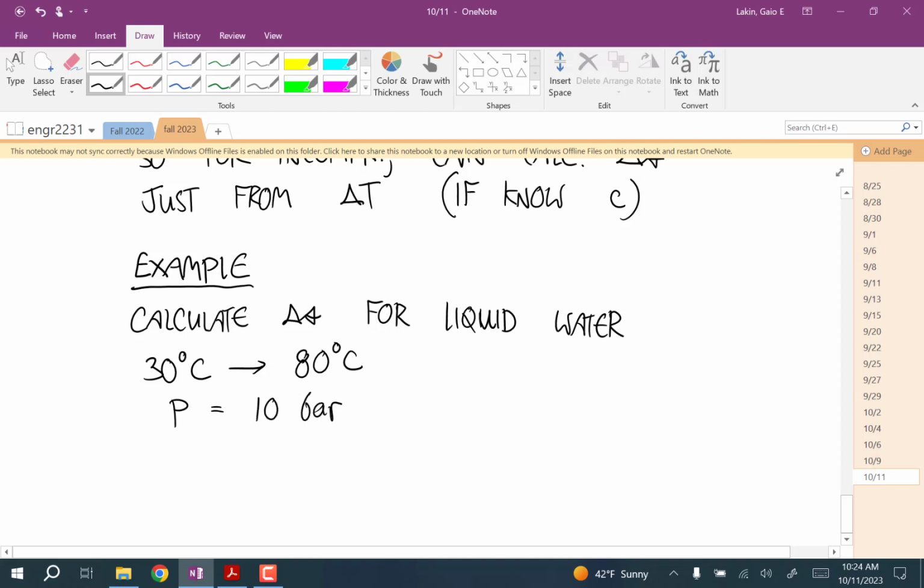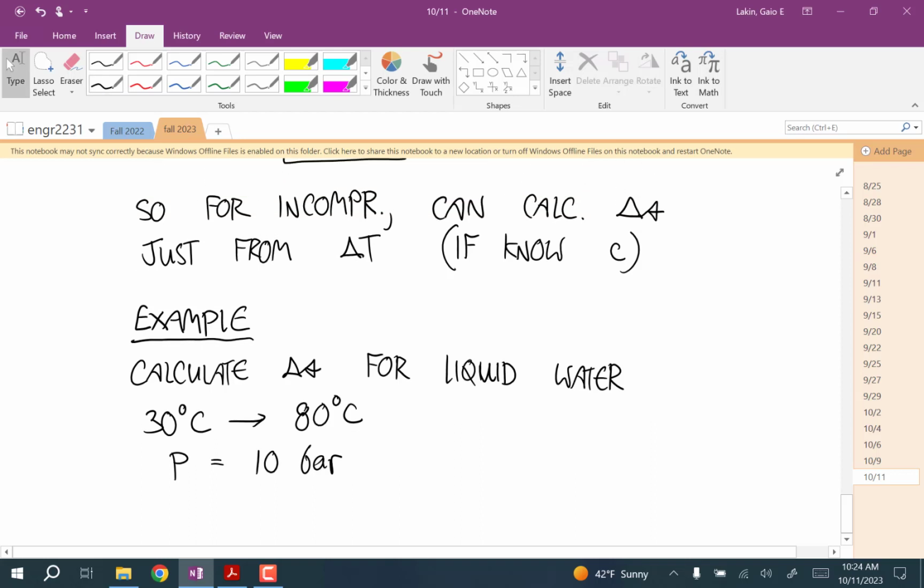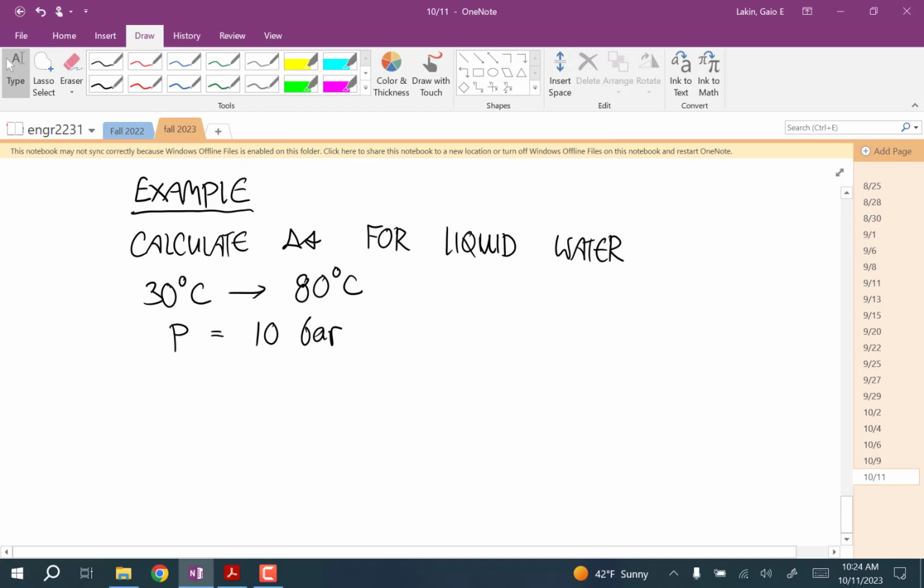Okay, the pressure isn't going to have much effect on this. That's what we just learned. It's not going to have any effect on our calculation. It's going to have a minor effect when we look up the result in the table to check our answer. Basically, entropy for an incompressible material doesn't depend on pressure. So after we calculate it, we're going to compare it to the liquid water table.